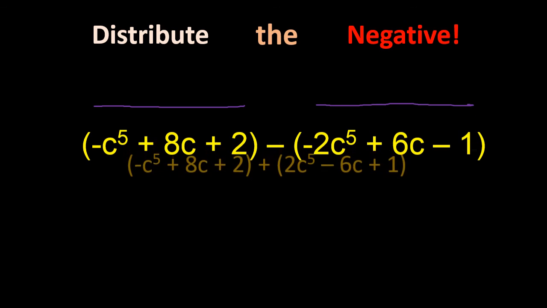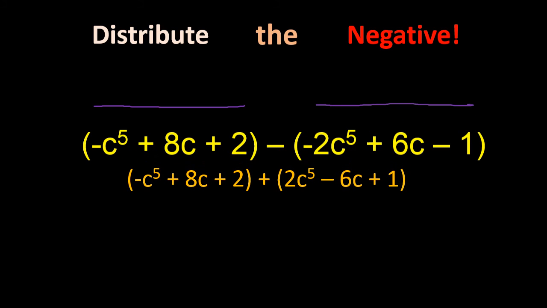And by doing this, we're going to have to switch the sign of each term in the second polynomial. So if you take a look here, by distributing the negative, we were able to change the minus sign into a plus sign. And each term in the second polynomial switched its sign into the opposite. The negative became positive, and the positive became negative, and so on and so forth.